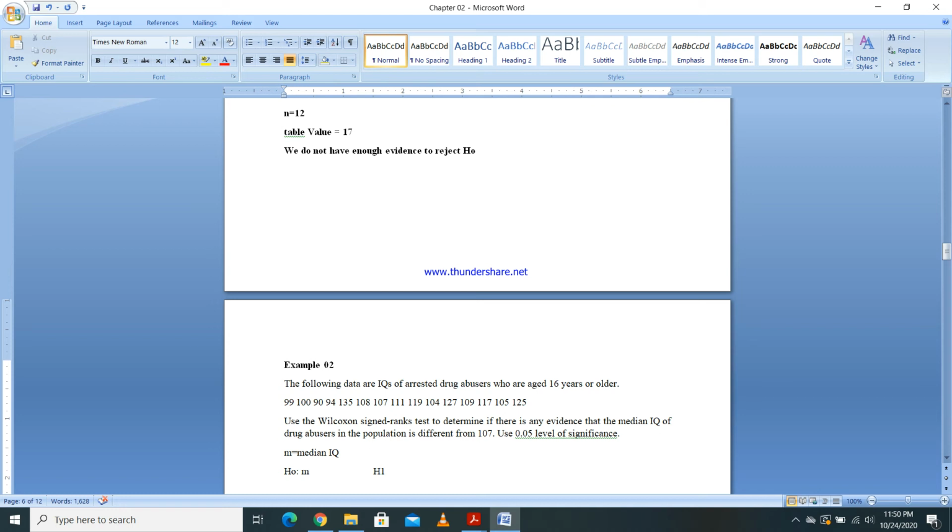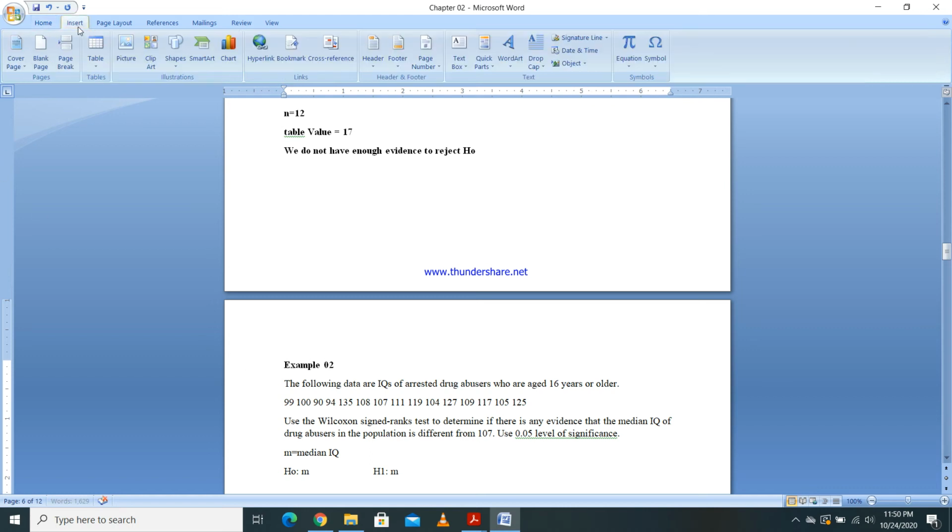Is it different from 107 or not? So I'll write H1 as M is not equal to 107, and our null hypothesis is M is equal to 107. So here we have to do a two-sided test, right?